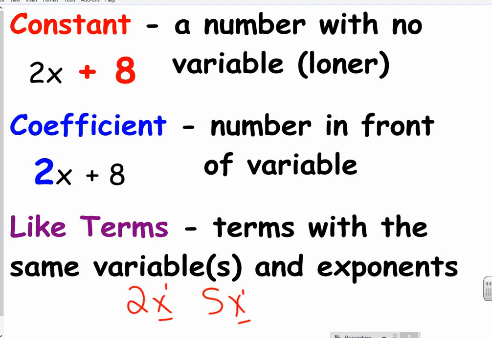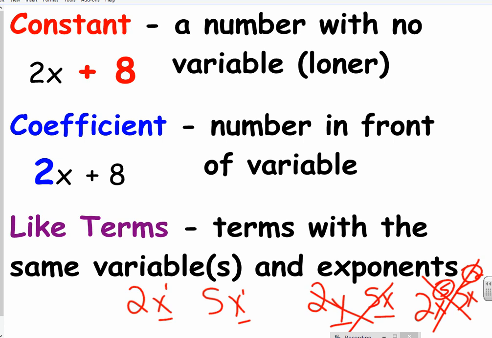But if I had 2y and 5x, those are not like terms because they have different variables. Likewise, if I had 2x to the 5th and 5x squared, those are also not like terms because they have different exponents. So like terms have to have the same variable and the same exponent.